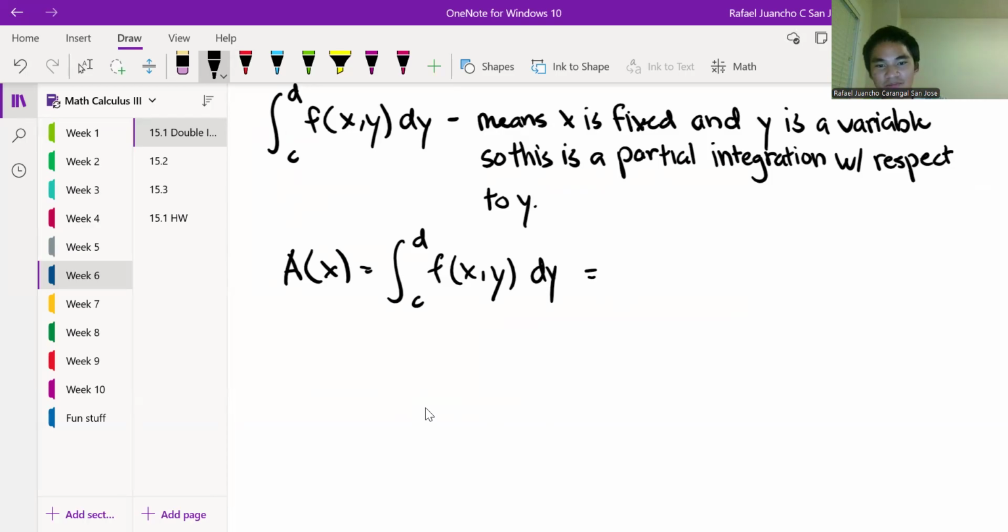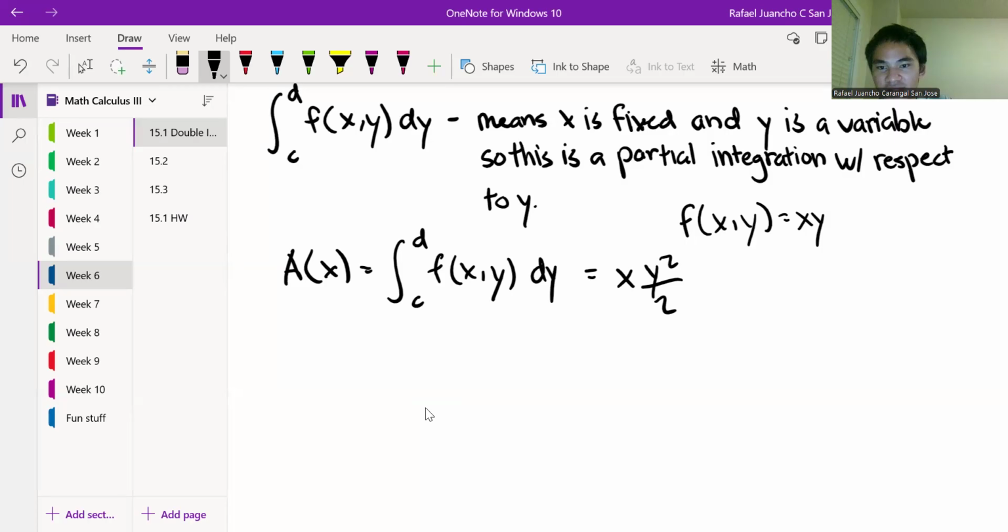So this f of xy could be as simple as xy. And so if we integrate this, based on calculus 2 stuff, we take this constant out. This y is going to be y squared over 2.